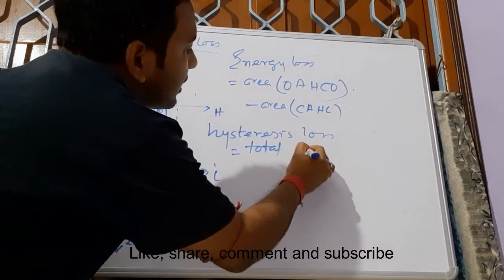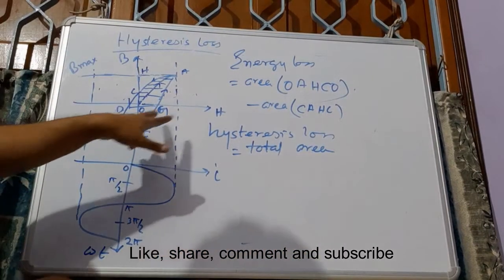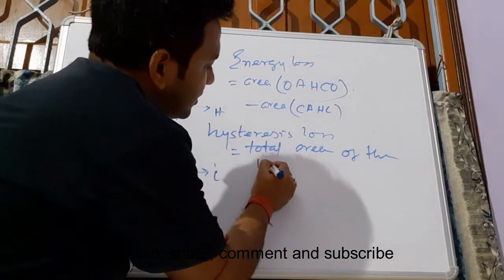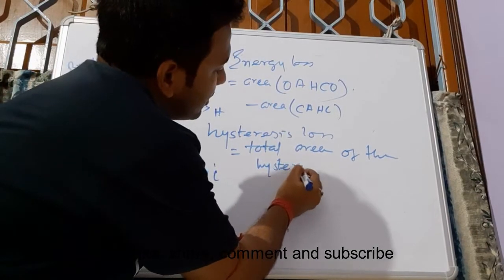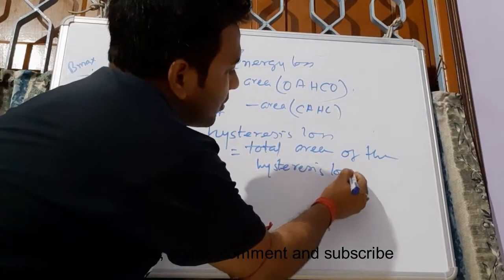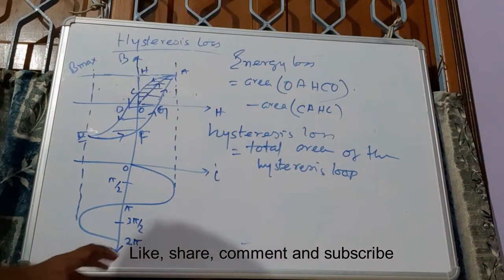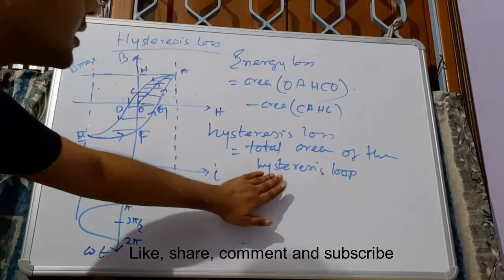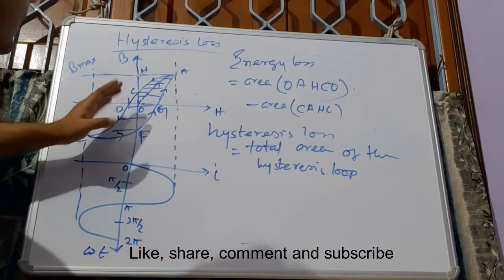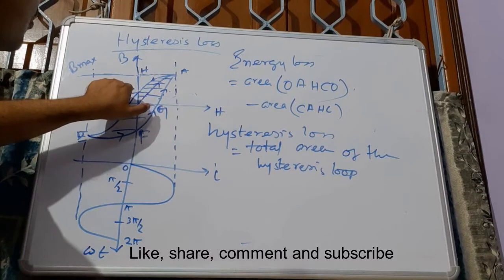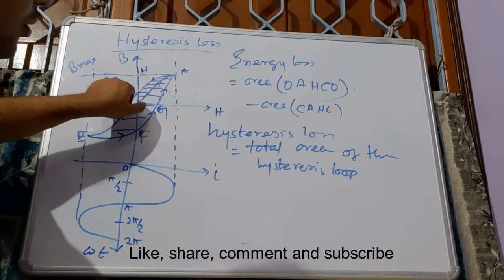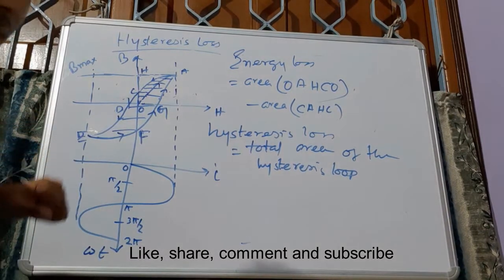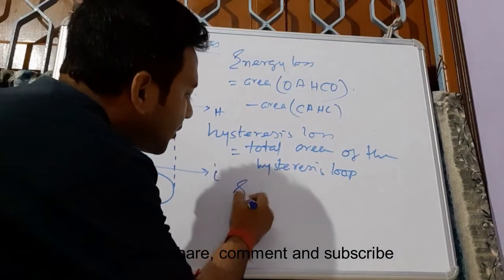What we can observe is that if the area of this hysteresis loop is narrow, then there will be less hysteresis loss.